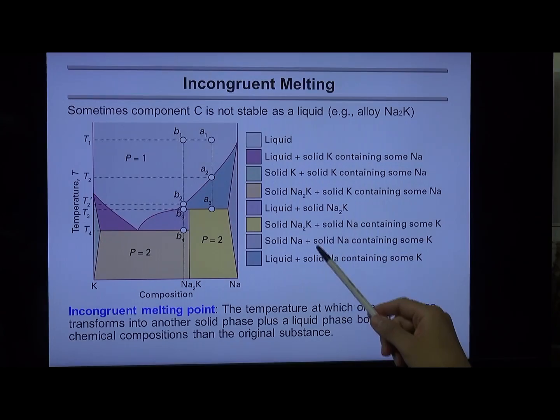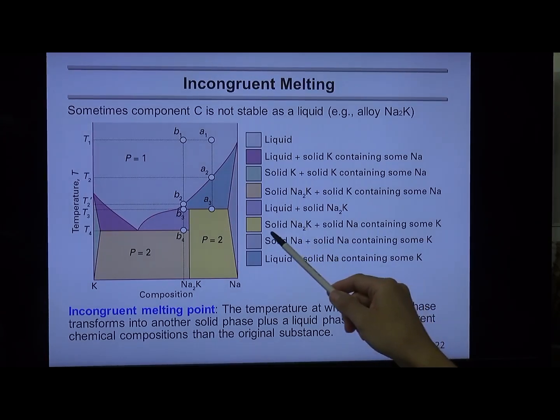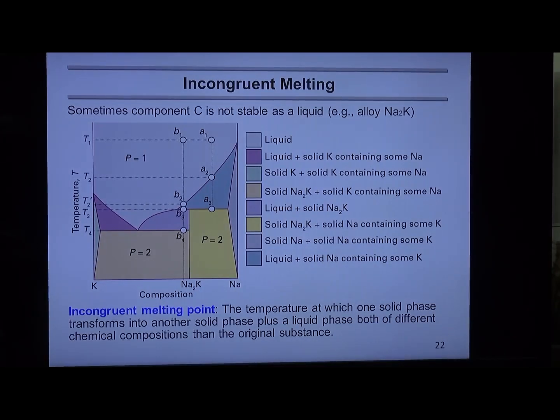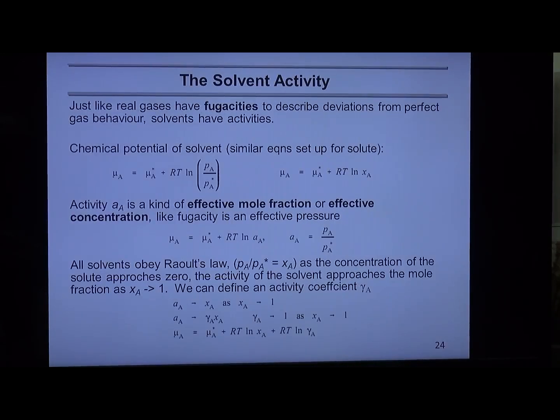In some cases it is present as Na2K plus some solid, etc. It's not important. It just shows that there are very complicated phase diagrams of the solid-liquid phase boundary. Okay, let's move on. So this is the end of section 5.9.